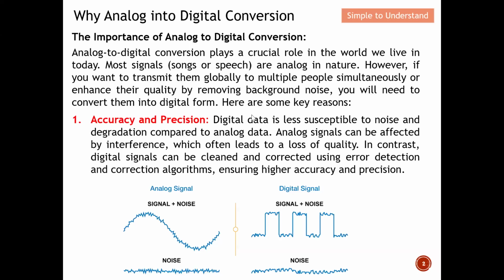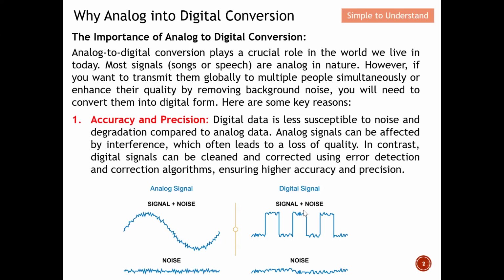Firstly, digital data is less prone to noise and degradation as compared to analog signal. As you can see from these two diagrams here, this is an analog signal, and you can see that this is actually signal plus noise. The noise is added into the original signal, and this can become a big issue.